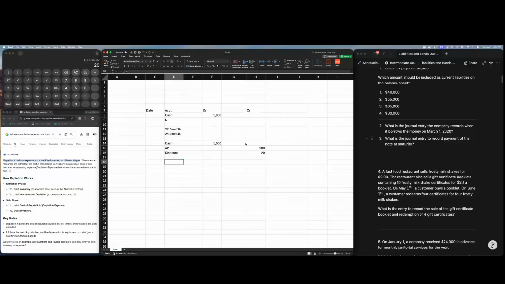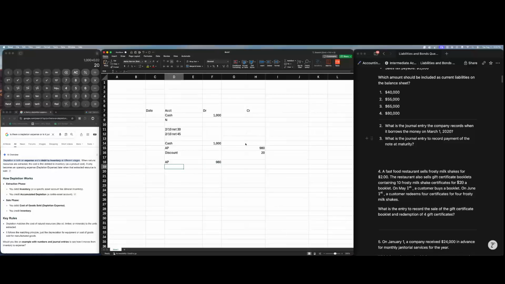Okay, but let's say you didn't pay. You forfeited, right? So you forfeit the discount. Okay. So like let's say they paid it, right? They repaid, so the AP at the payment date, the date of repayment, 980.